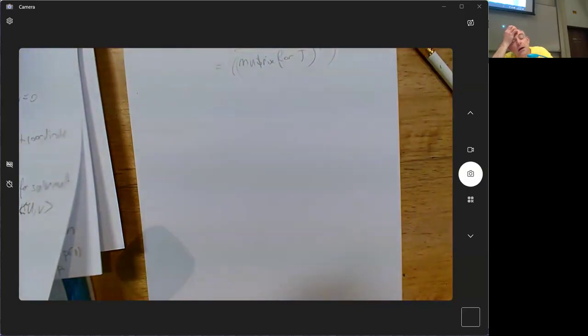So back in first year linear algebra, a matrix had real eigenvalues and orthogonal eigenvectors when it was a symmetric matrix, when it was equal to its own transpose, which doesn't feel like this.